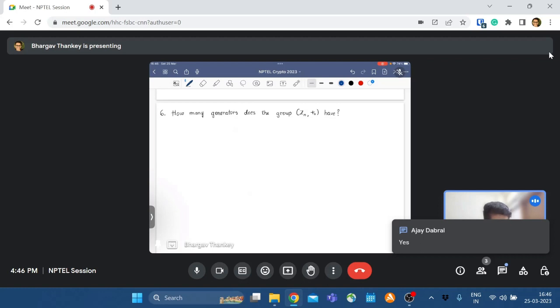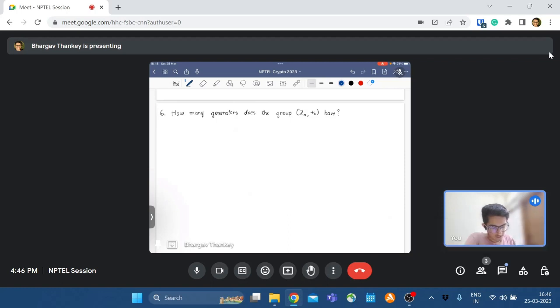So yeah, let's move on to this problem. This problem is how many generators does the group Zn with addition mod n have? So this is the group of all numbers from 0 to n minus 1 and the operation is addition mod n. So how many generators does this have? So would you like to take a guess?